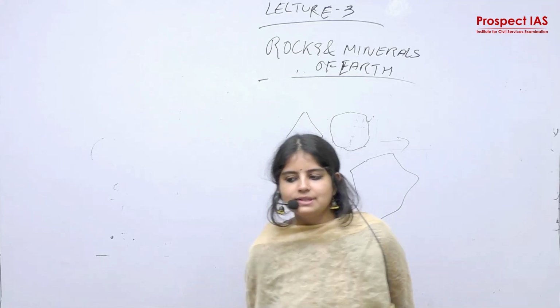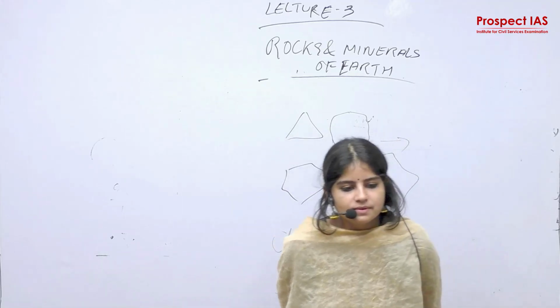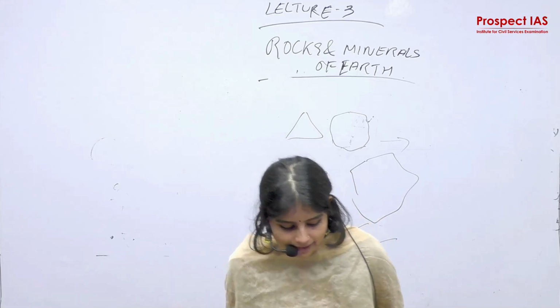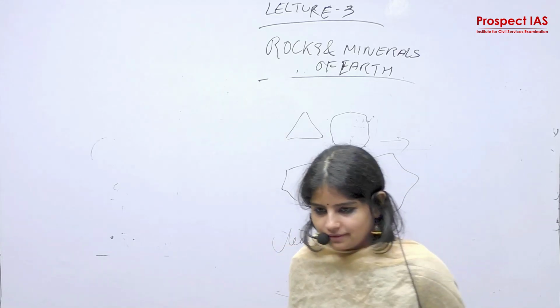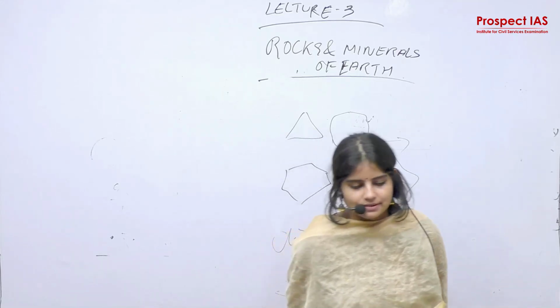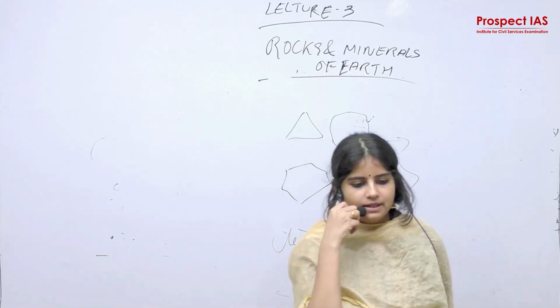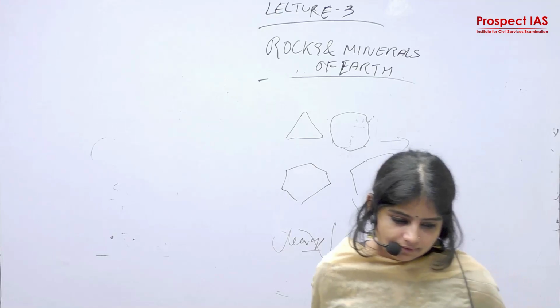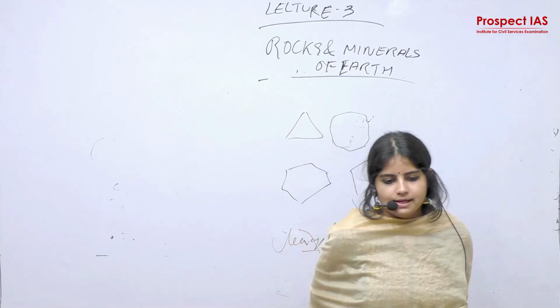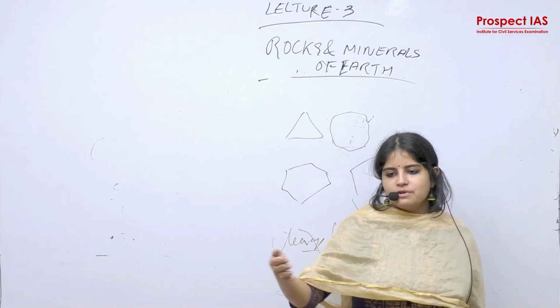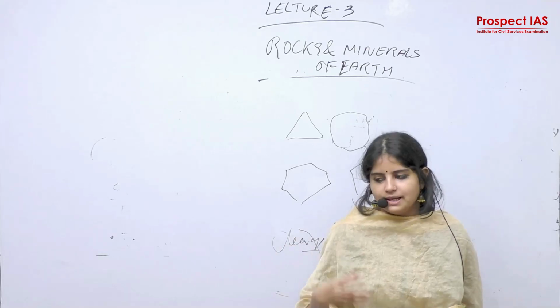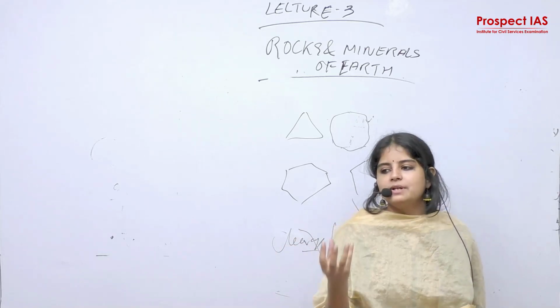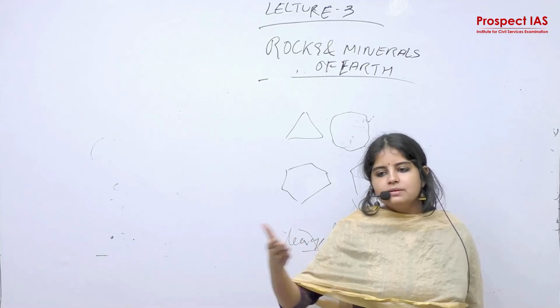Why does it happen? Any chemistry student? Why is the color of a mineral different from each other? Reactions. Very good. Because of reaction. After that, streak. It has different prisms of colors in itself also. Like if any mineral is pink, it will turn to red as well.